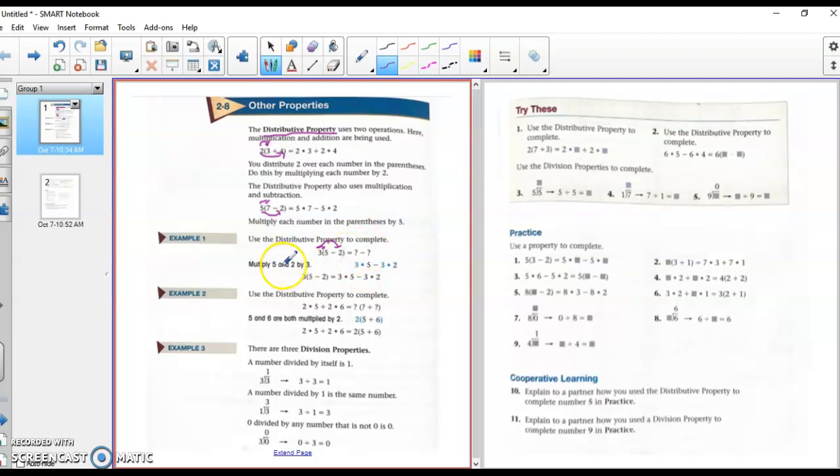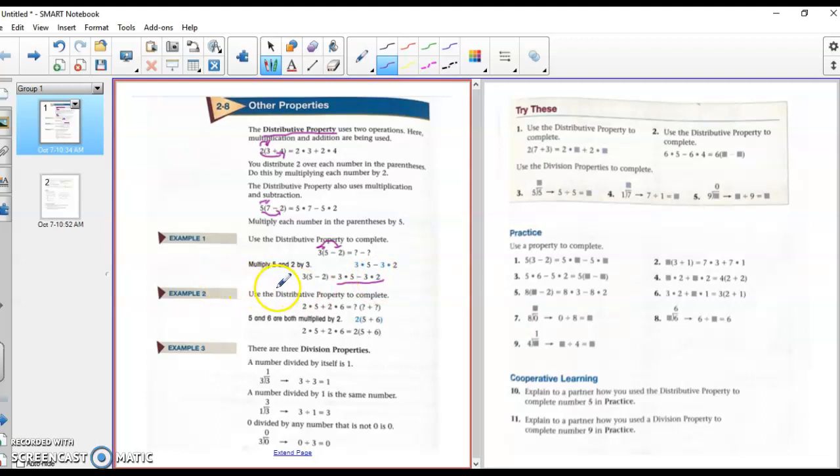You're going to multiply 5 and 2 by 3, which I showed you with the arrows. So what they really want you to do on the right side where the question marks are is to show all of this. So it is going to be 3 times 5 minus 3 times 2. That's all we would look for.